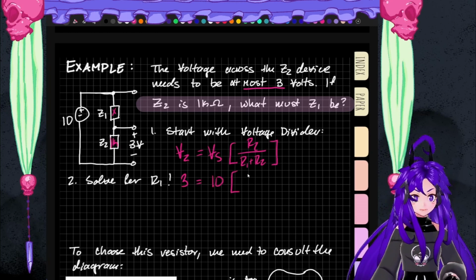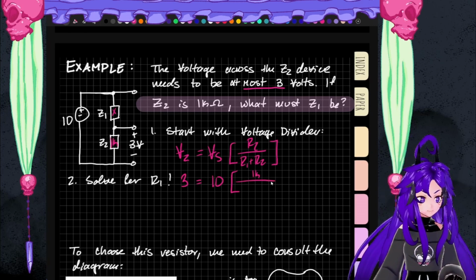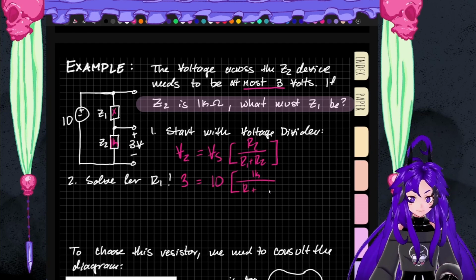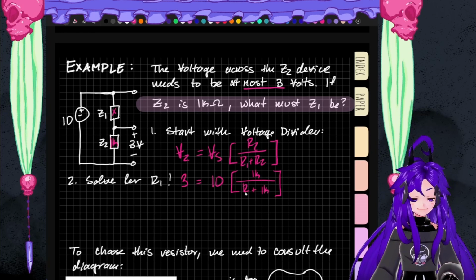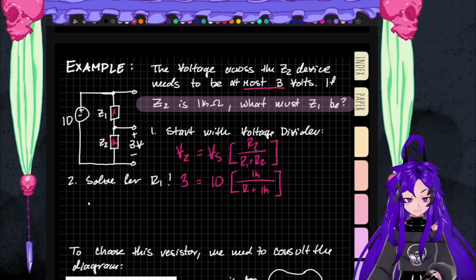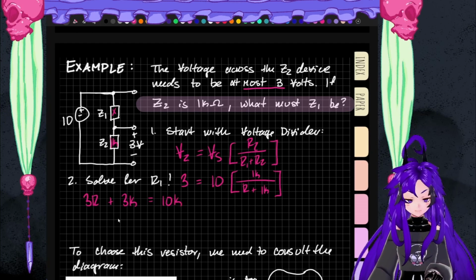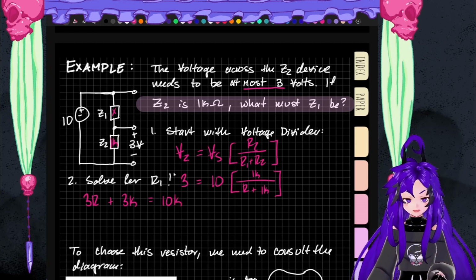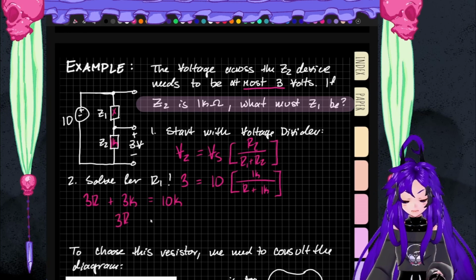And then we've got R2 is 1K. Then we've got R plus 1K, because that's the total resistance, right? The total impedance. So 3R plus 3K equals 10K, right? We're just multiplying this stuff across, simplifying things down. 3R equals 7K.